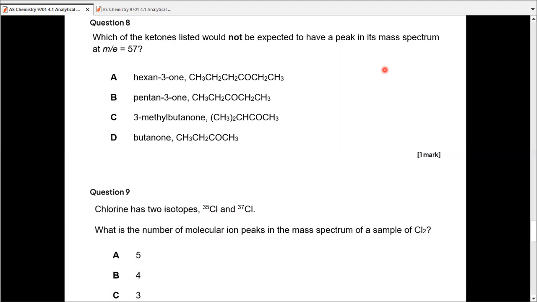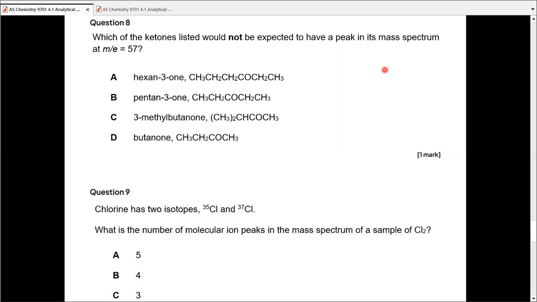C. What are you saying? It's really difficult for me to understand whether you're saying B, D, or C. Say the whole word. 3-methylbutanone. Okay, C. All right.